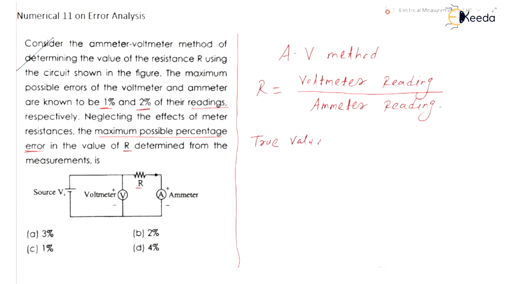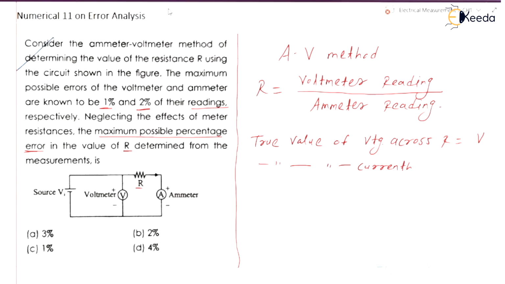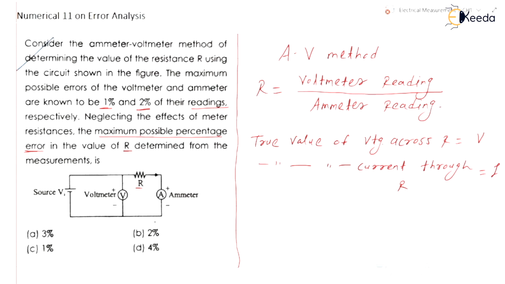True value of voltage is equal to V, that is voltage nothing but voltage across R. Okay, true value of voltage across capital R is equal to V, and true value of current flowing through R is equal to capital I. Okay, so V is the true voltage, actual voltage, and I is the actual current.